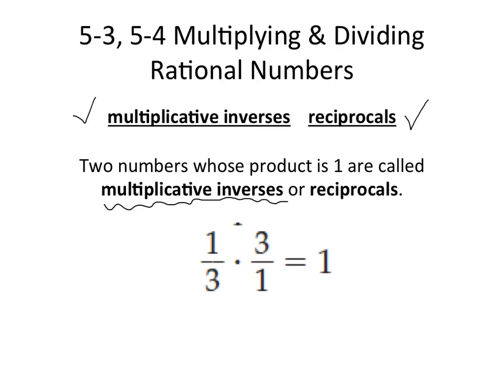So what is a multiplicative inverse? Well, we take a number such as 1/3 and we try to multiply it by another number such as 3/1. If we multiply them together and the answer is 1, we have a reciprocal or a multiplicative inverse. That means that 3/1 is the multiplicative inverse.